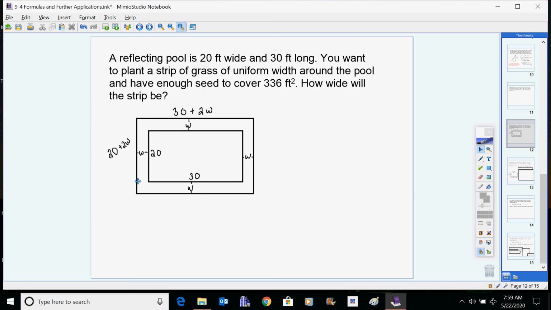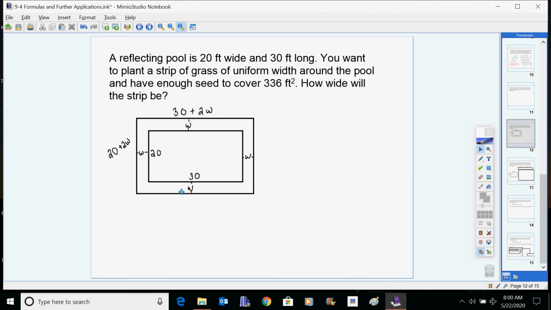So this dimension of the outside rectangle is 20 plus 2W. This one's 30 plus 2W.